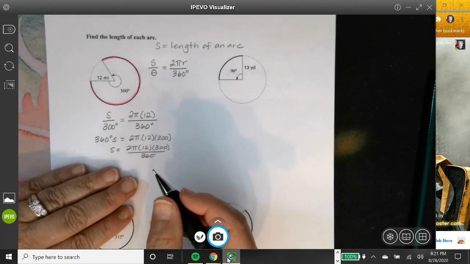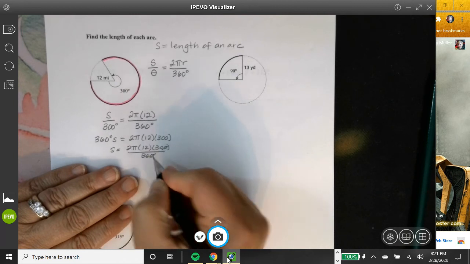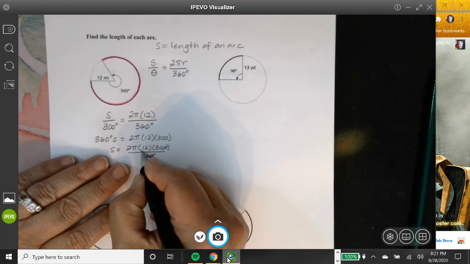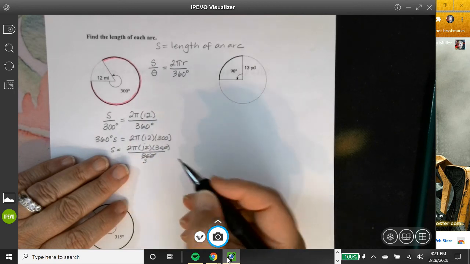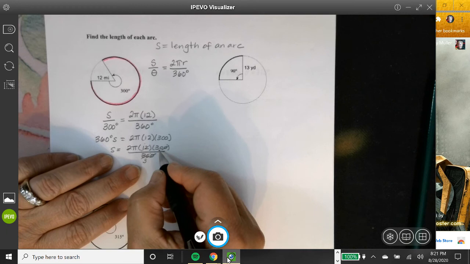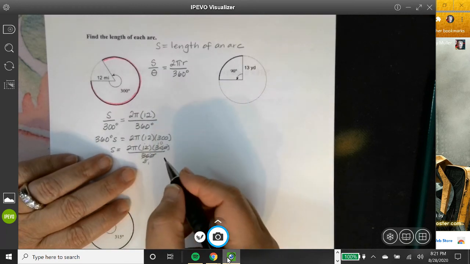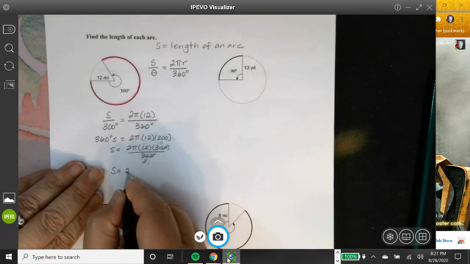First, I'm going to get rid of this 0 by dividing everything by 10. Then I know 12 goes into 36 3 times, and 3 goes into 30 10 times. So I get S equals 2 times 10, which is 20 pi.